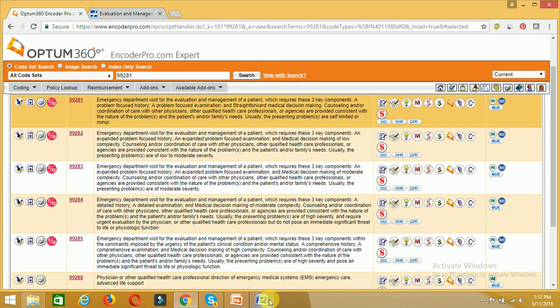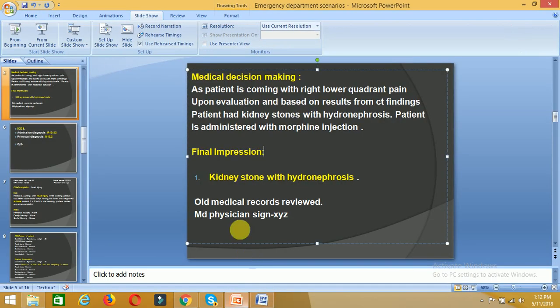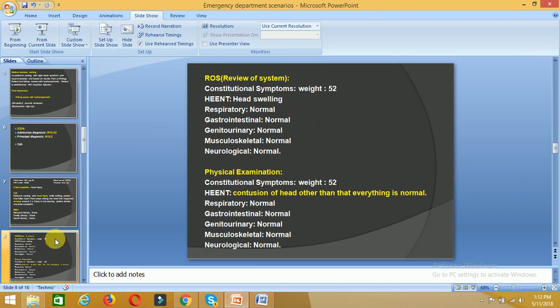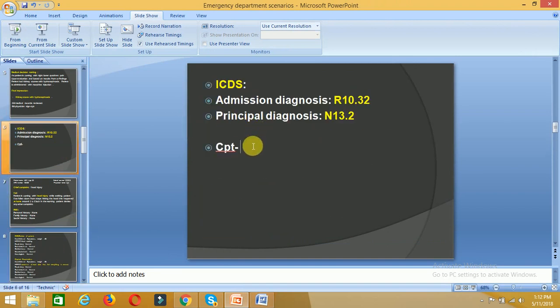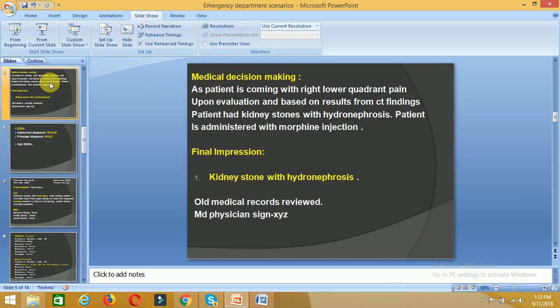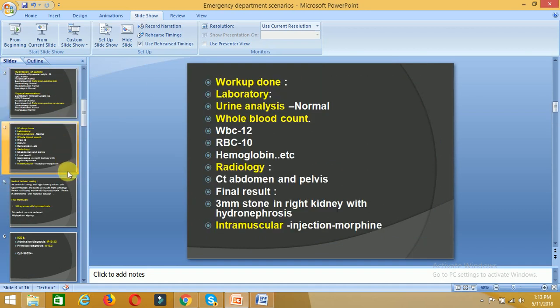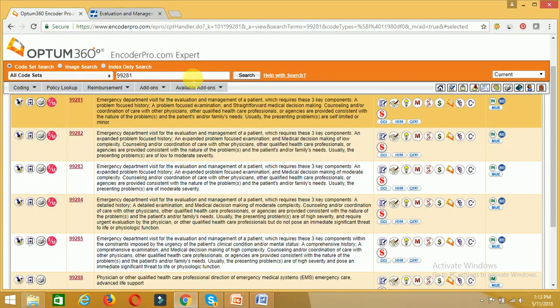So our ENM level is 99284. Now I will quote the CPTs, 99284. Along with that we will give a workup done CPT also. As the physician is giving an intramuscular injection, IM injection, I have explained this also in the previous session.